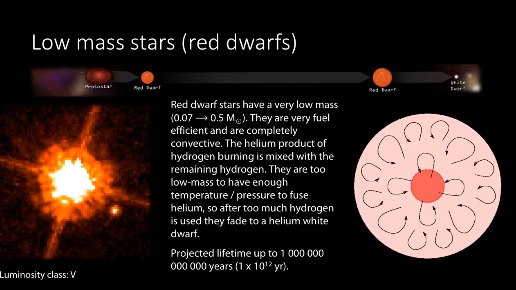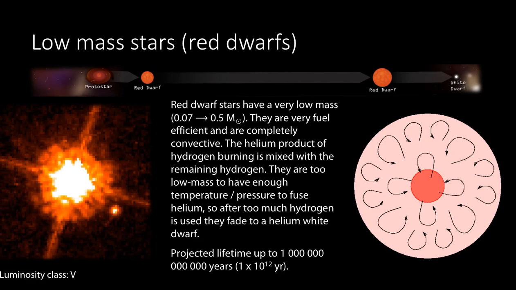An additional feature of low mass stars, red dwarfs, is that they are completely convective. So hydrogen burning occurs in the core, because that's the only place with the density and pressure required. But the products of that burning, the helium, is mixed in with the rest of the star, and this also means that the hydrogen in the whole star can be recycled and brought back into the core and made sure that it's used so that all of the star is available as a fuel source.